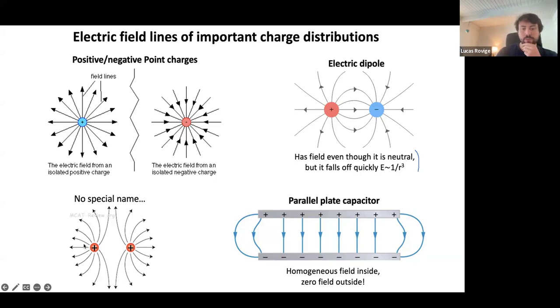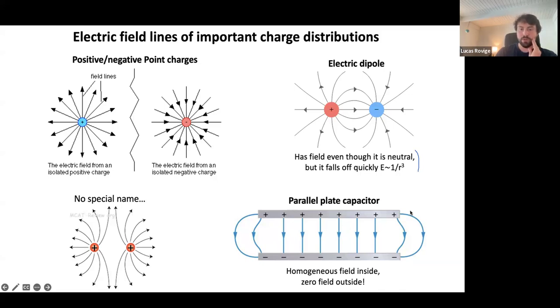If we have two positive charges, then the field lines look like this, and they don't connect, because the field lines go from positive to negative, so they don't go from a positive charge to another positive charge.